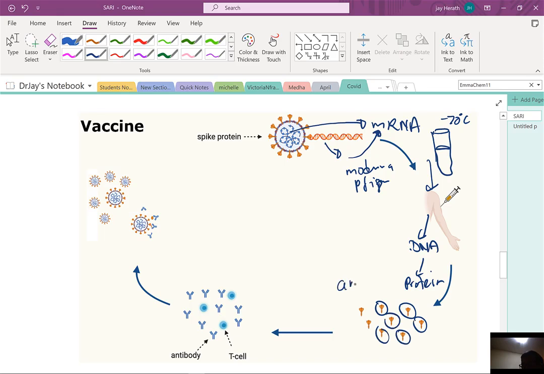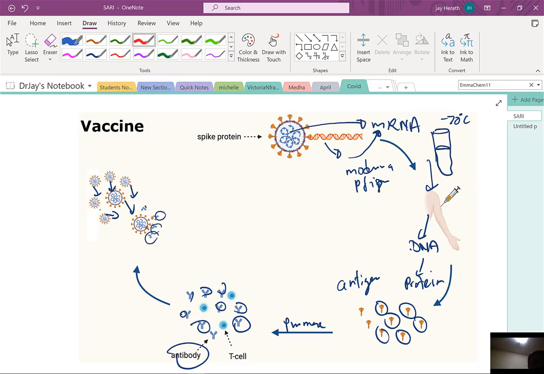These are the antigens, and then the body's immune system starts to produce the antibodies. So they are produced in the millions, and then again the infection takes place. They come into the body through the airways, and then what happens? The antibodies go and bind and neutralize the virus. So no more infection, right? So that's how you stop the infection.